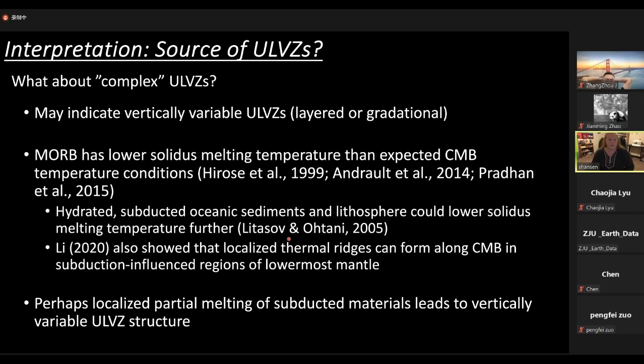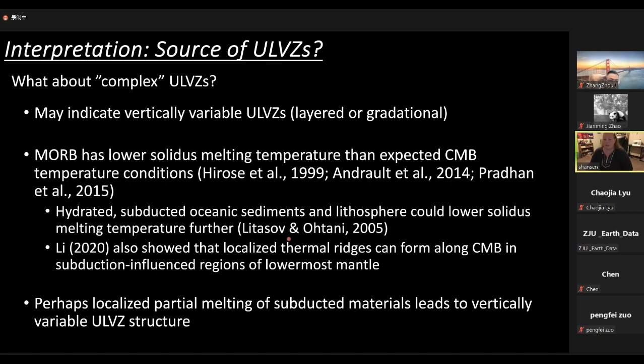As I've mentioned a few times, MORB has a lower solidus melting temperature than the temperature conditions expected at the core-mantle boundary. So it's very possible for some of this material to partially melt under lowermost mantle conditions. If you have hydrated subducted ocean sediments or hydrated lithosphere, that material could push the solidus melting temperature even lower. And additionally, Ming had a study that came out just a few years ago that showed how in subduction-influenced regions of the lowermost mantle, it's actually possible to get localized thermal ridges forming.